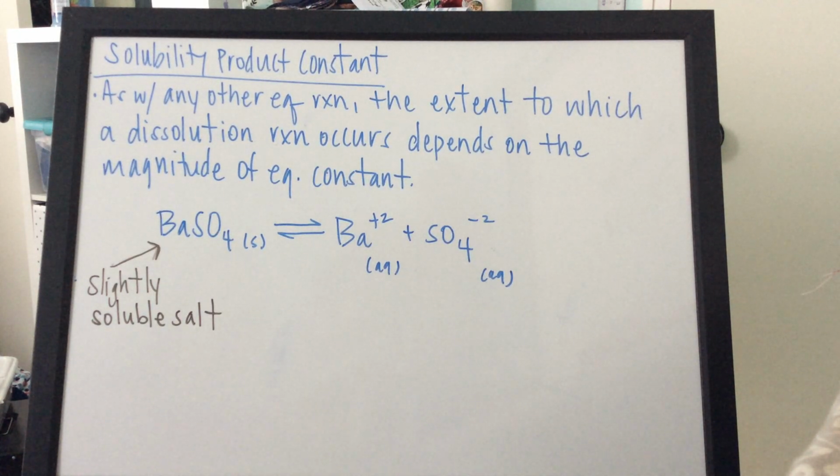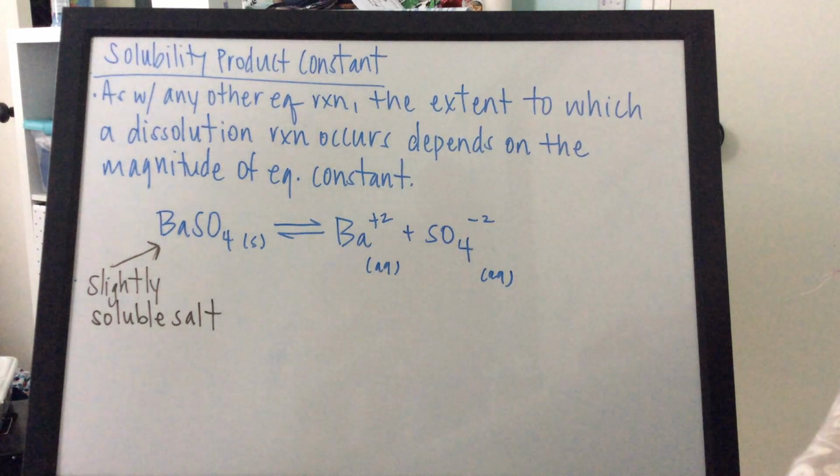If this was my reaction, the dissolving, or the ionizing I should say, of barium sulfate, and barium sulfate is a slightly soluble salt. It's on your solubility rules as being insoluble, but what that really means is that it's only slightly soluble.